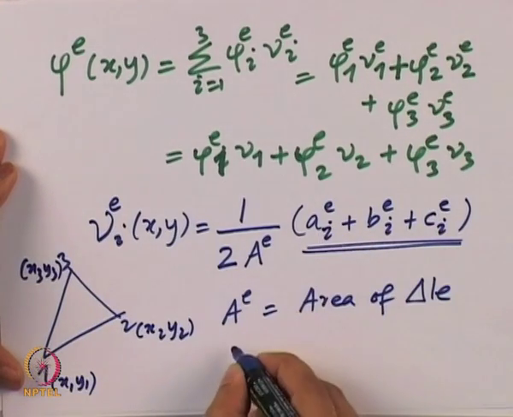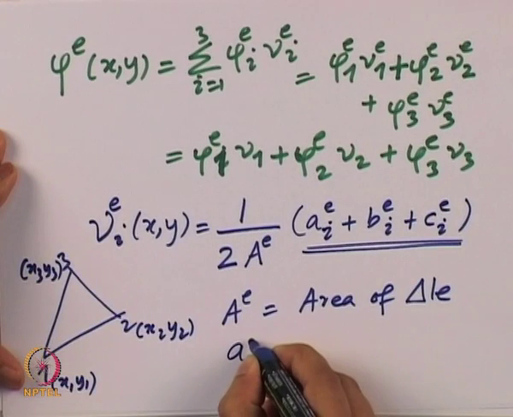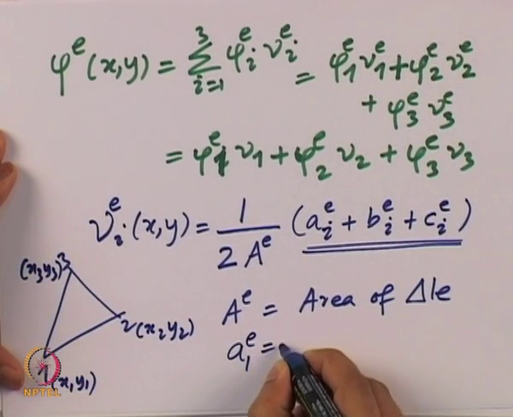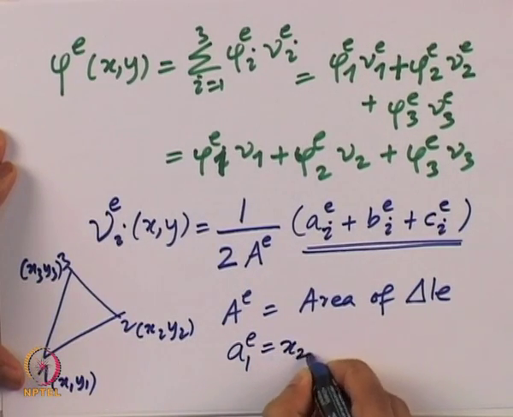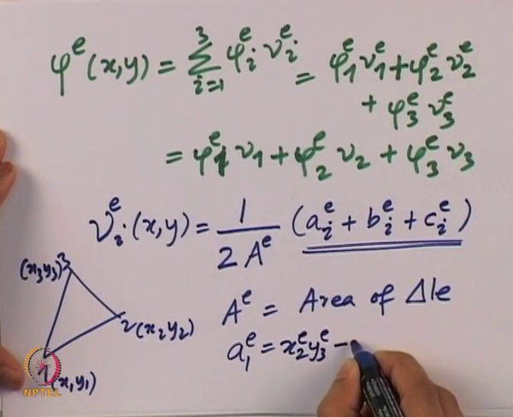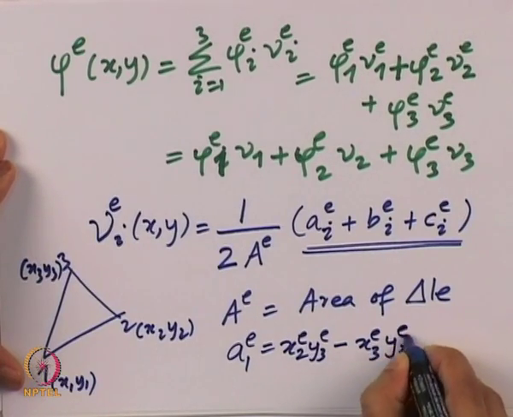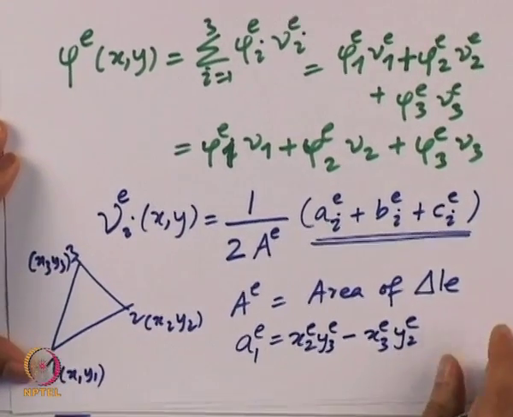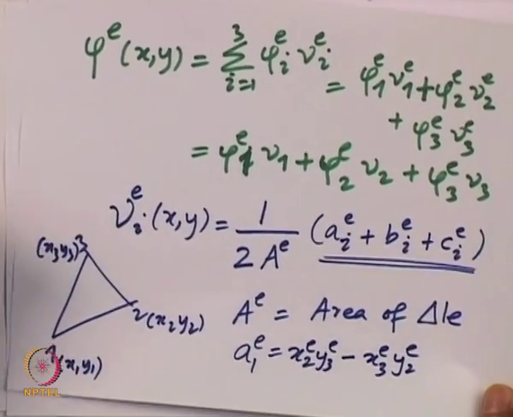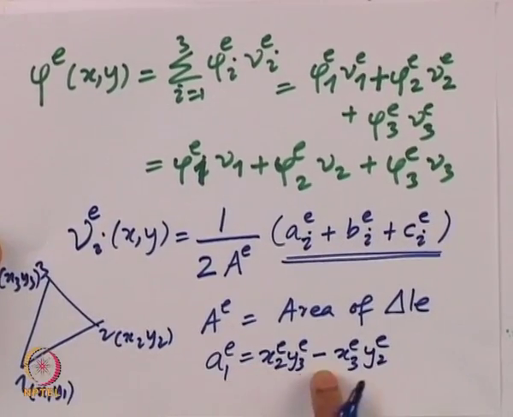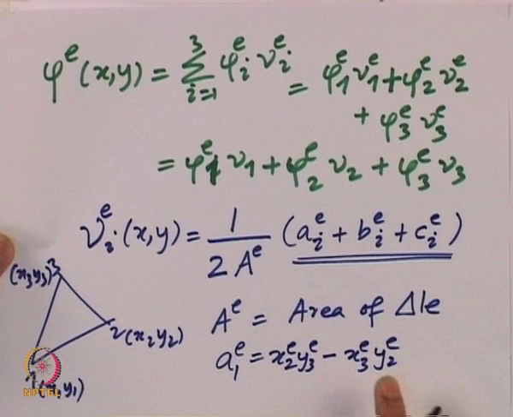So inside a triangle, for example, a1 of E is equal to x2 of E, y3 of E minus x3 of E, y2 of E. So I can take out all the E's, so I am going to write them simply in terms of a1 is equal to whatever coordinate system. So that will make it look easier.